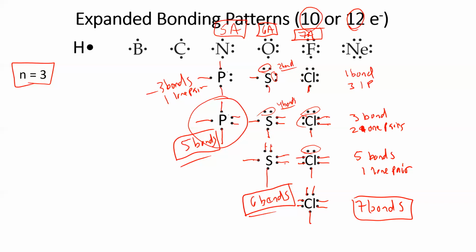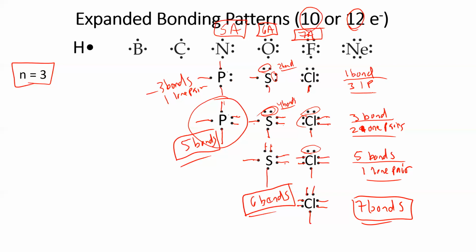For the sulfur right here, 2, 4, 6, 8, 12, or 10, 2, 4, 6, 8, 10, 2, 4, 6, 8. The other pattern you can see is group 7A, 7 bonds, subtract 2, 5 bonds, 1 lone pair, subtract another 2, 3 bonds, 2 lone pairs, and subtract another 2, 1 bond, 3 lone pairs.